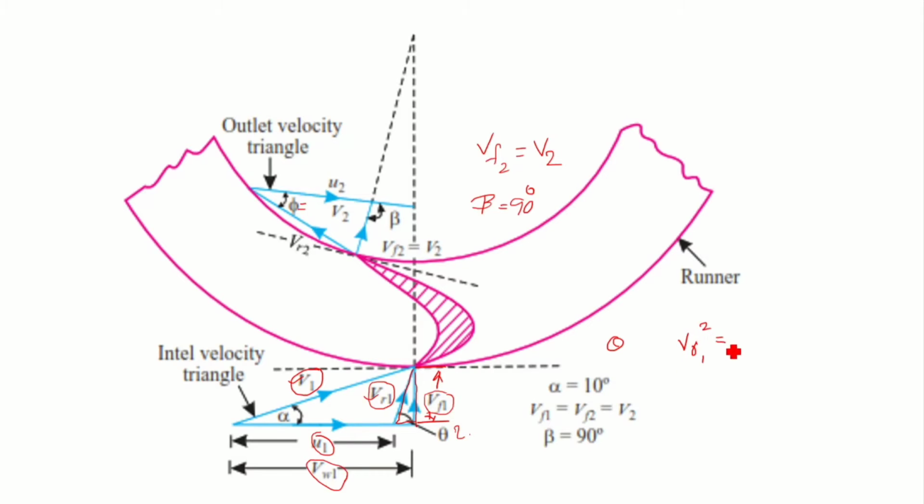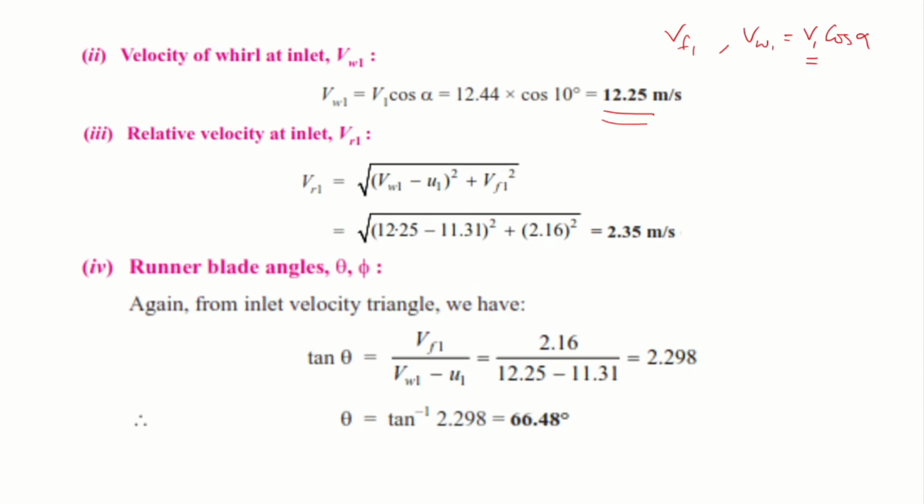VR1 square is equal to VW1 minus U1 whole square plus VF1 square. So VR1 is equal to root of VW1 minus U1 whole square plus VF1 square. From this equation, we can obtain the value of VR1. So VR1 is equal to 2.35 meter per second.